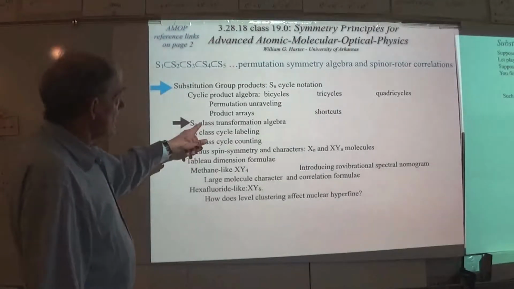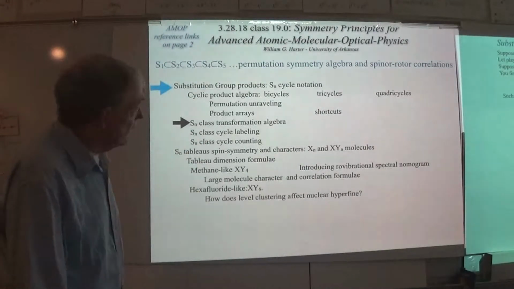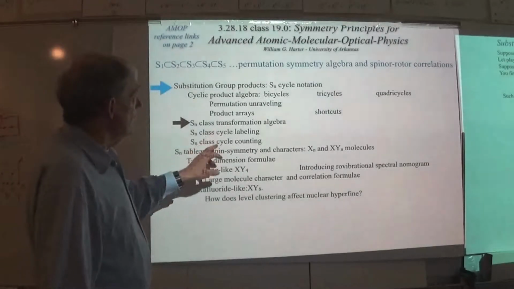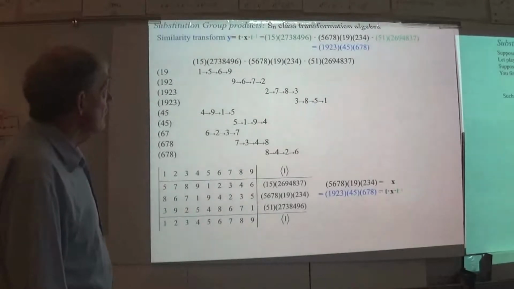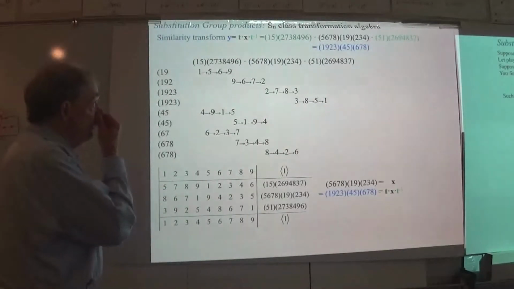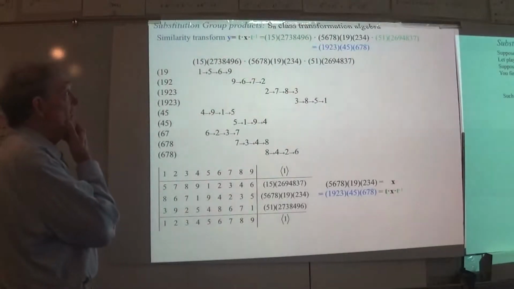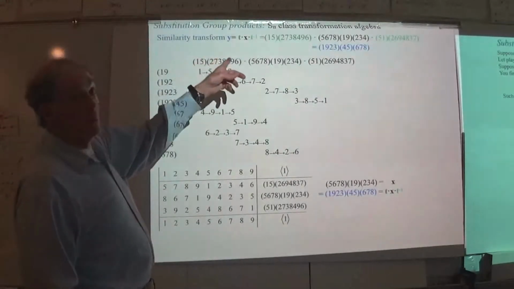Now, the algebra, class transformation algebra, that sort of stuff, also how the cycle labeling really works, and relating it to various things. What I want to show you is how simple it is to do a similarity transform.